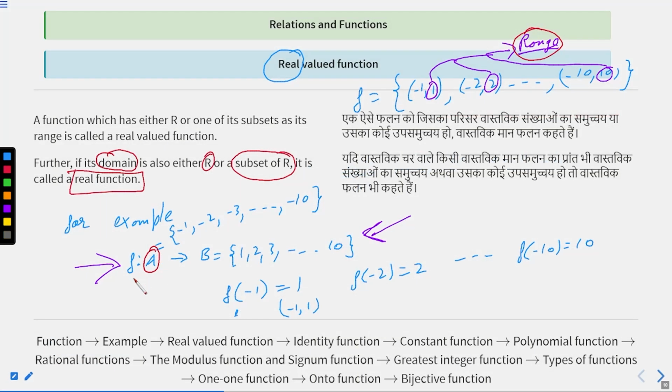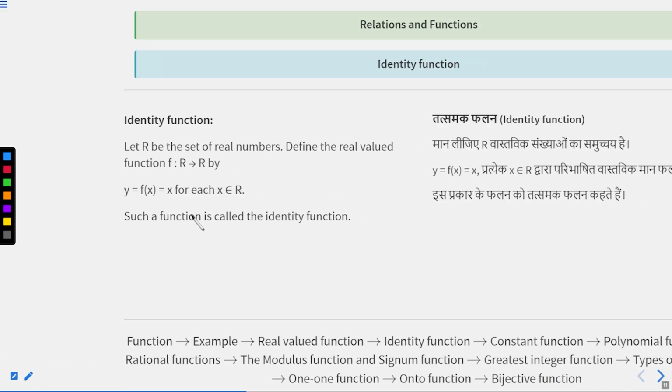For example, here the domain set is reals, and the range set, as you can see, is also from reals. So this is a perfect example of a real function. I hope now it is very clear to you what we mean by real valued function and real functions. Okay, let's move to next.